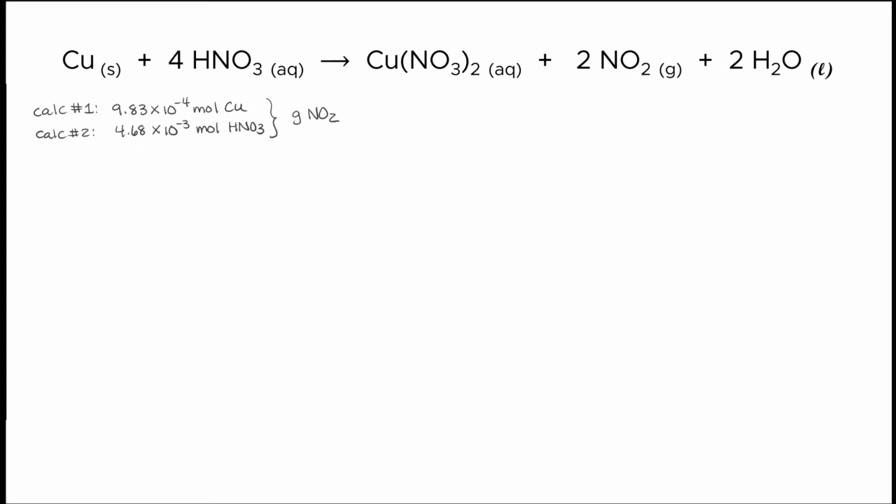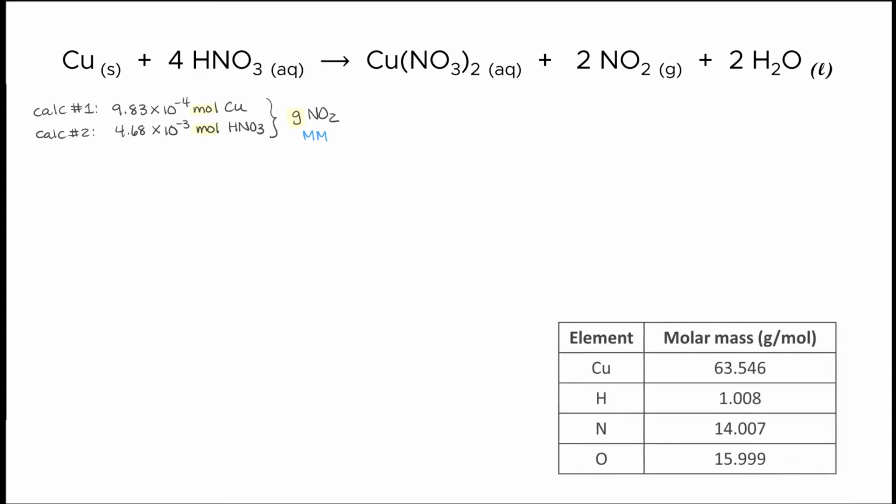Taking a look at the units presented in the problem, we're given moles of each reactant, but we are asked to calculate grams of NO2. So we'll need to calculate a molar mass for NO2, but not for copper or nitric acid. So let's go ahead and calculate that molar mass first.